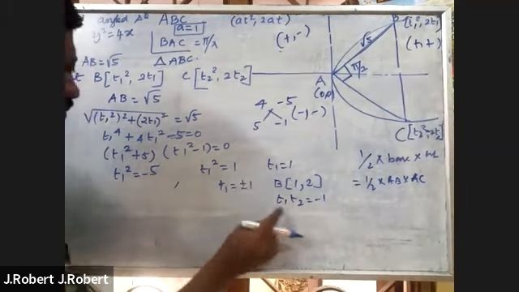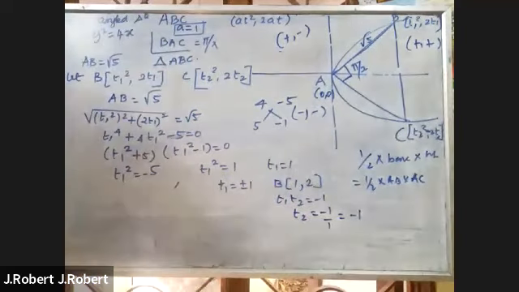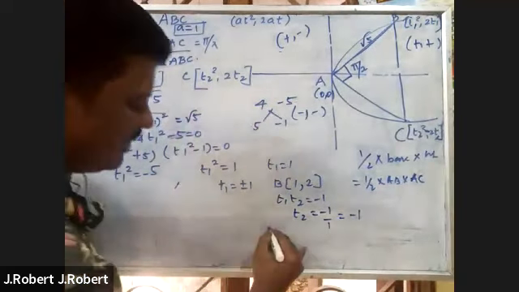The value of t1 is 1, so t2 is equal to minus 1 by 1, which is equal to minus 1. So we are able to find out the C point.